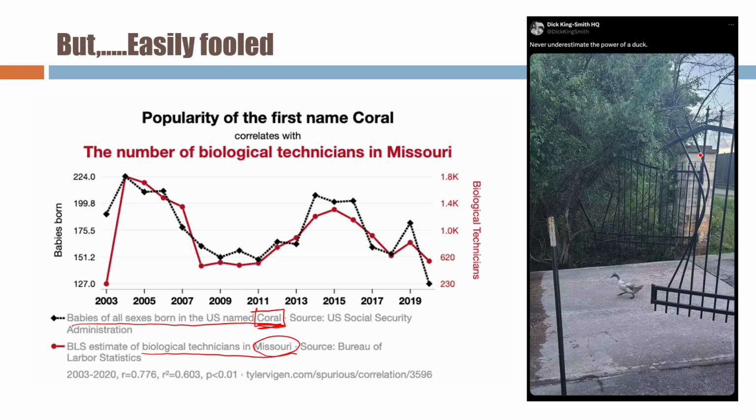As you can see, the name of this picture is "Never underestimate the power of the dog." It seems like a dog crashed through the steel door and walked in. Obviously it's not true, but when we see this kind of scene, we might imagine the dog broke the door.